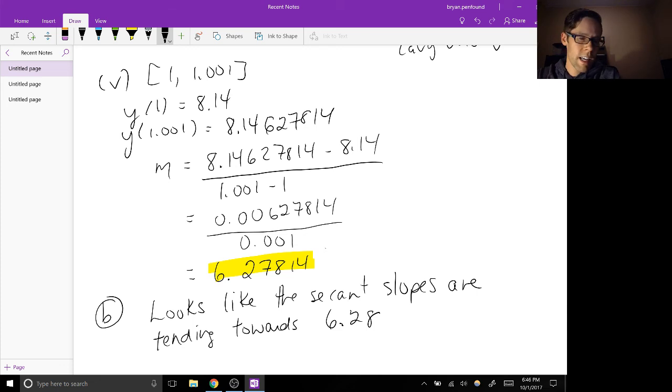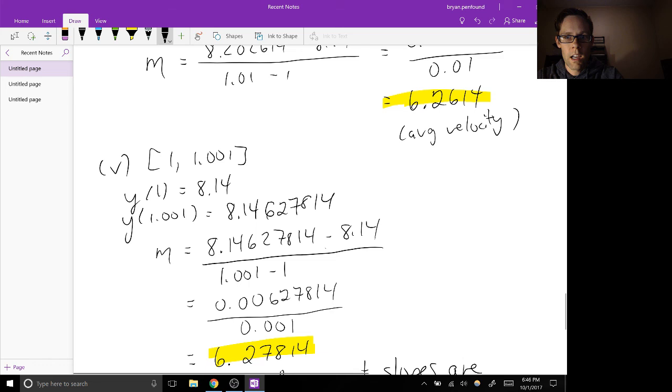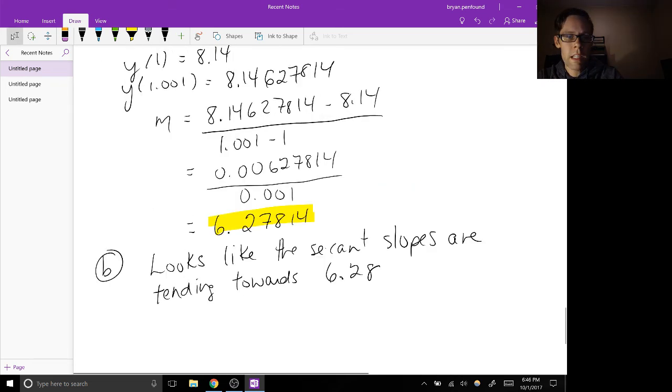That's just a guess. We just have to make an educated guess based on the sequence of slopes we're getting. That's probably the best we can do for part B.